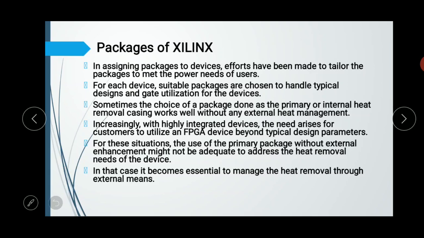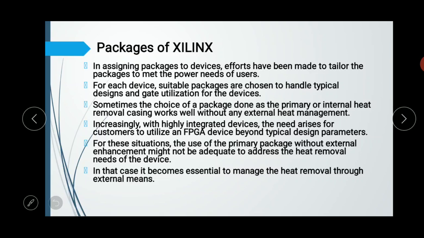Sometimes, without any external heat management, the primary or internal heat removal casing works well due to proper choice of a package. Day by day, the need arises for customers to utilize an FPGA device beyond typical design parameters.